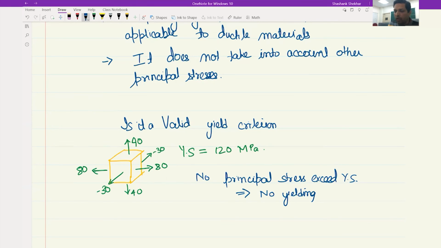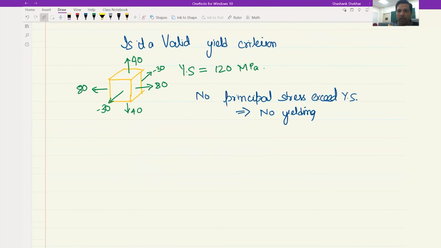Now let's say that we apply hydrostatic stress. Nothing should change according to our requirement for a valid criterion. But in this case, you would see that something changes. So let's apply sigma hydrostatic equal to minus 100 megapascal.